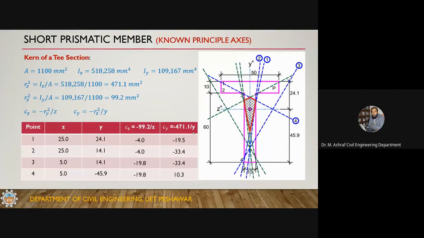So I've written the formula and just plugged in the values, since I've calculated the values of Rz square and Ry square.